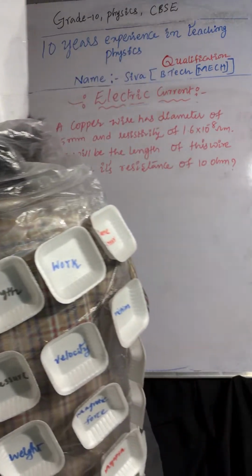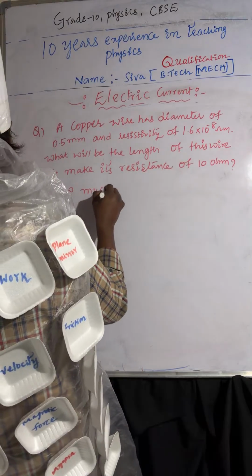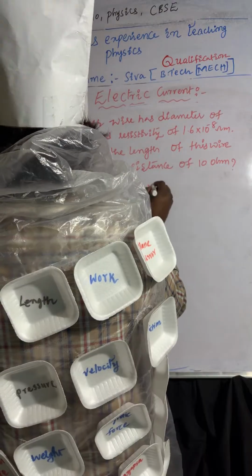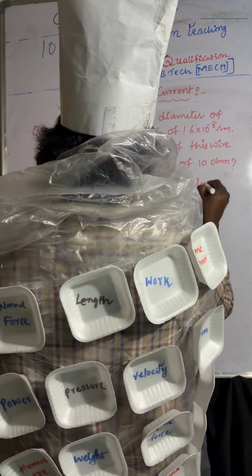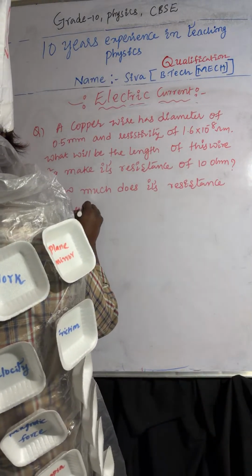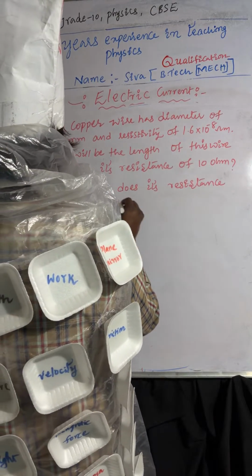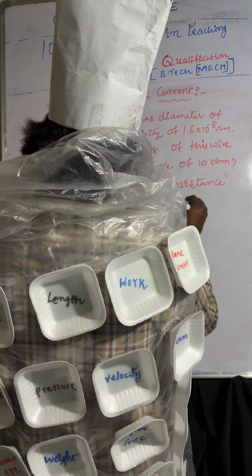How much does its resistance change if the diameter is doubled?